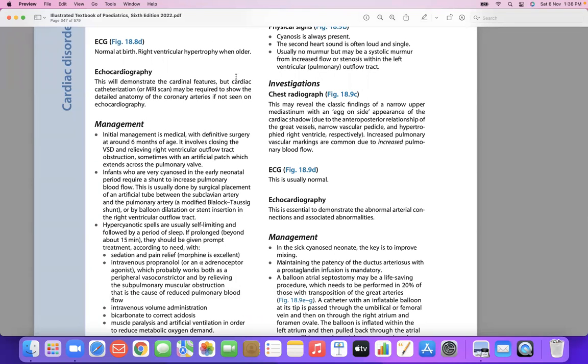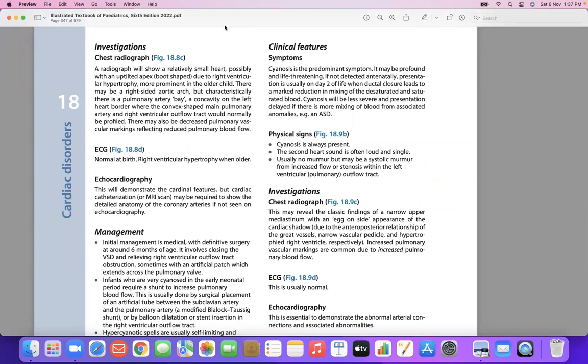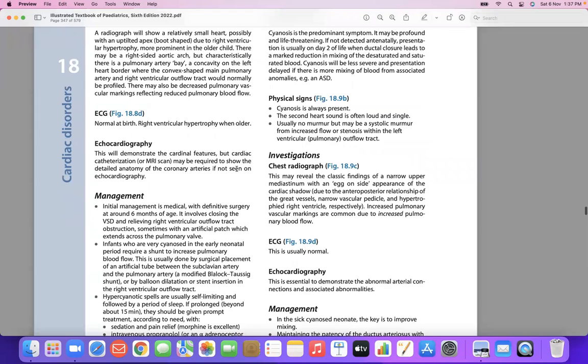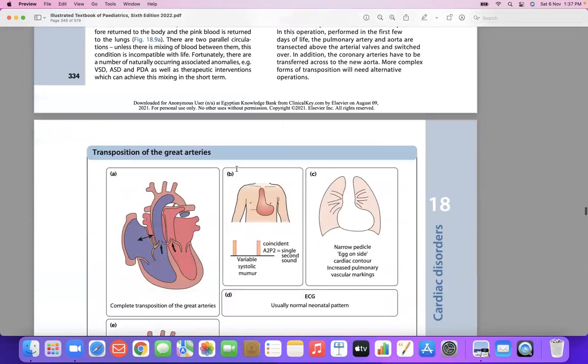Maybe if they have any associated defect, but I don't know whether the murmur from the ASD will be heard or not. I am not sure. He hasn't given about it. Anyone has any idea? Do you hear any murmur in TGA? Here he has written variable.